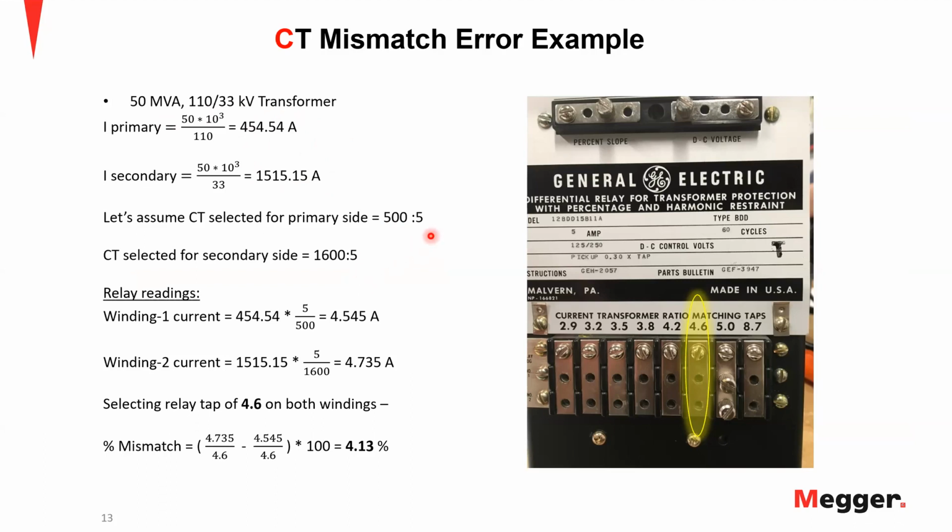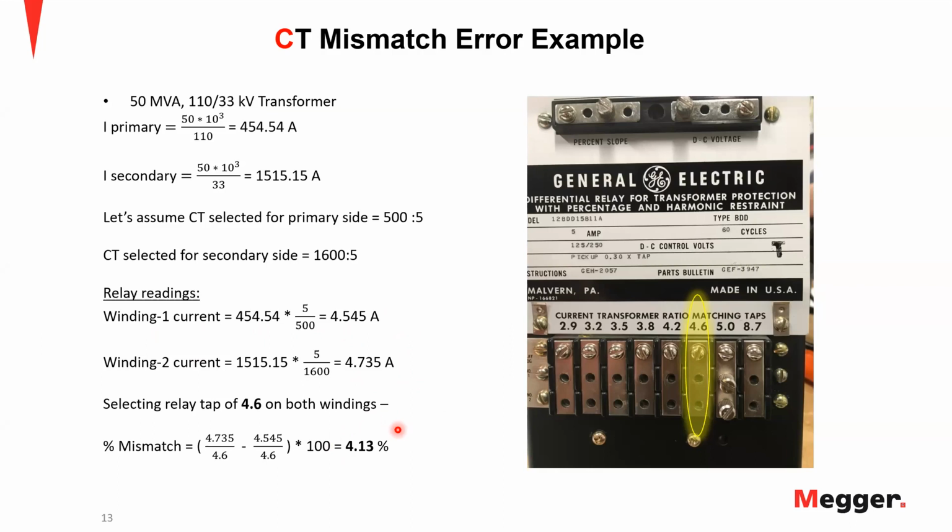Let us see what the relay will read as a secondary current for my nominal current. For winding 1 we will read 4.54 amps, and for winding 2, 4.7 amps. Looking at the tap settings, the closest tap I can use for both values is 4.6. But if I select 4.6 as my tap, it is not the same as what I calculated, so you will see a 4.13% mismatch.